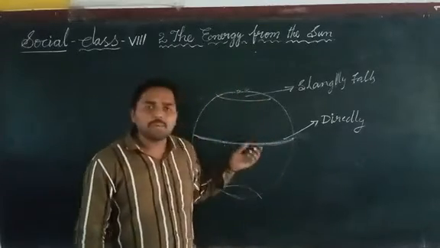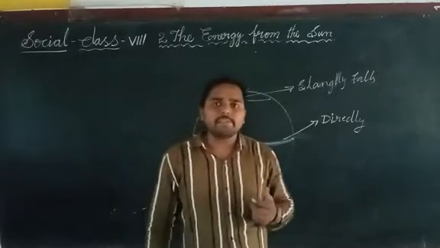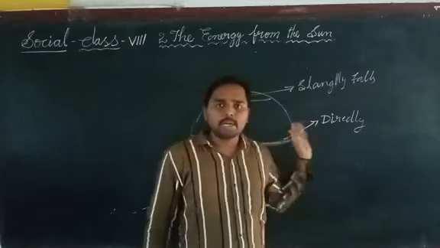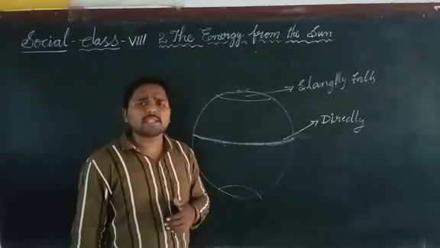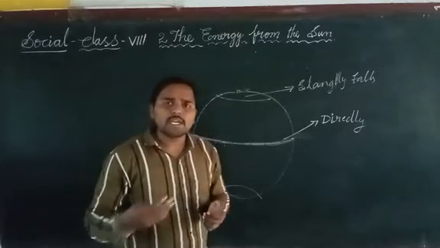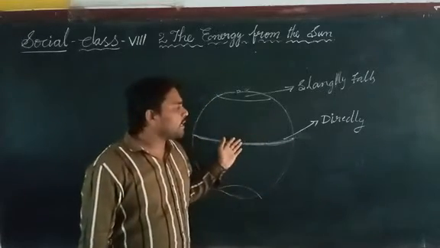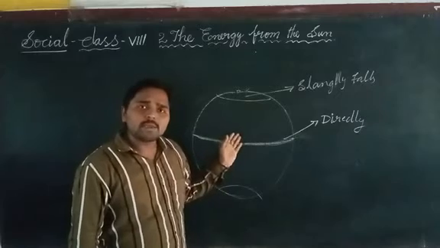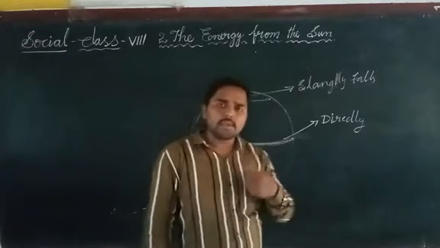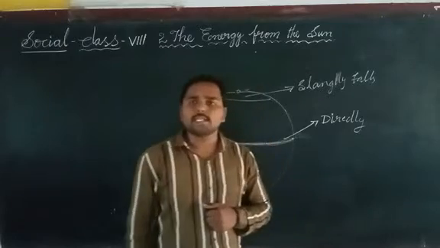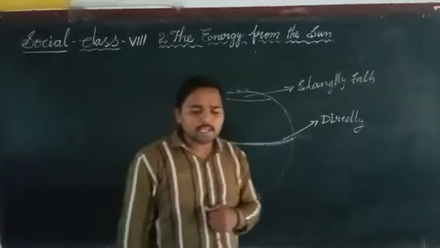Especially Singapore, and in the continent of Africa, some countries are passed by this equatorial region. That's why the countries passed by this equator have very high temperatures during any season throughout the year. Okay, that is the reason.